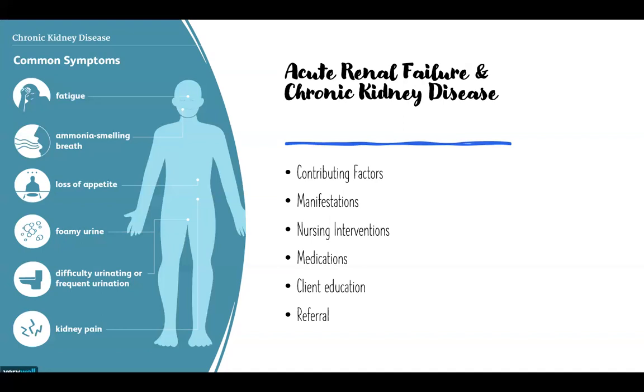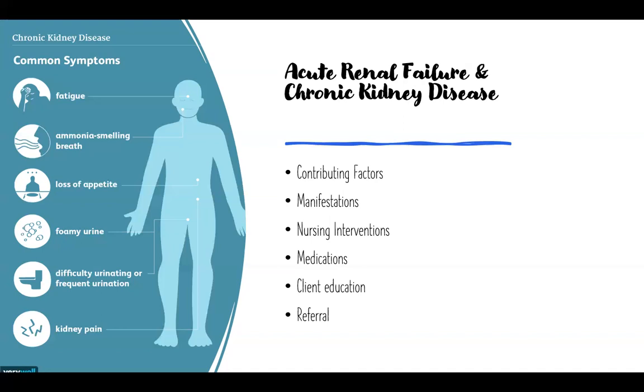So maybe there's disrupted blood flow to the kidneys. The patient may have hypovolemic shock. They may be dehydrated. They may be a heart failure patient, maybe a burn injury, or they may even have anaphylaxis. But those are all pre-renal failure. So the issue is before the blood gets to the kidneys.